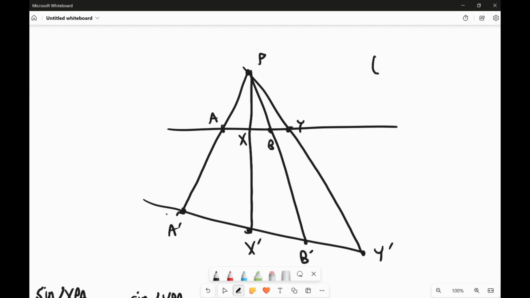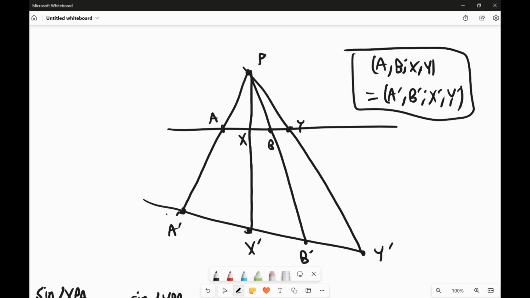Then the cross ratio (A, B; X, Y) is actually equal to (A', B'; X', Y'). This is a key fact.